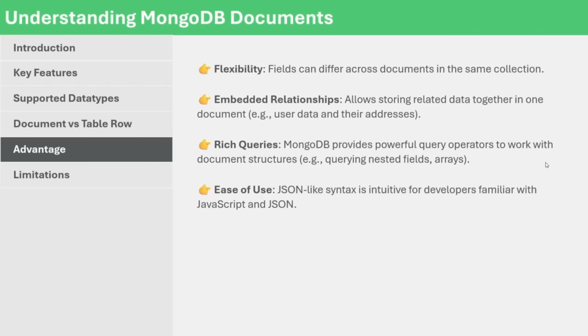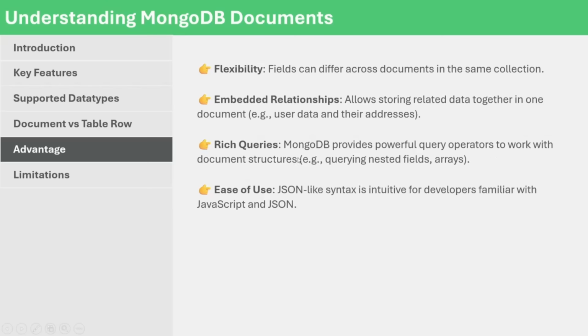Then when we use documents in a collection, we can store the related data in the same document, and that we can achieve with the help of embedded documents. And when we do that, if we want to fetch related data for a given entity, we do not have to query multiple collections. We can get the related data from the same collection in the same document.